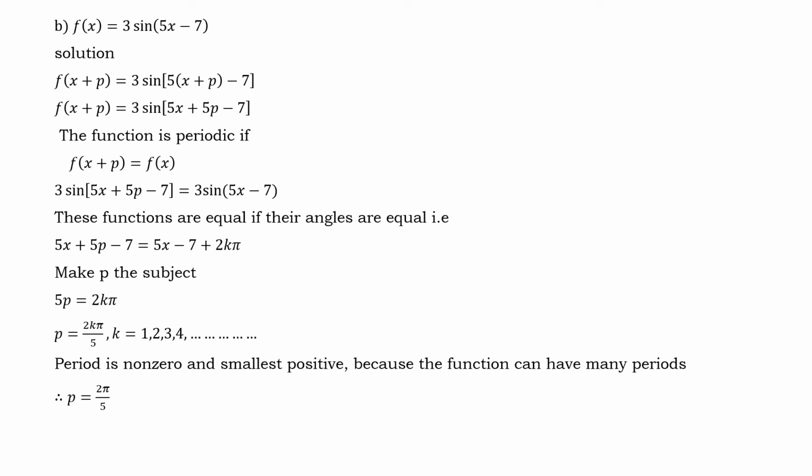But the period is the non-zero and the smallest positive. Because the function can have many periods, we take the smallest value of k as 1, that gives us the period of our given function as 2 pi over 5.